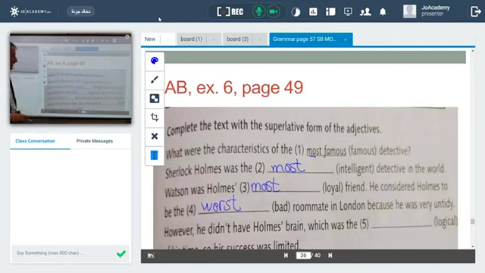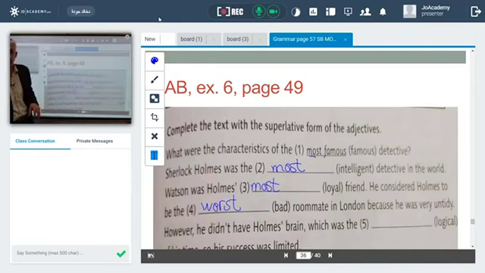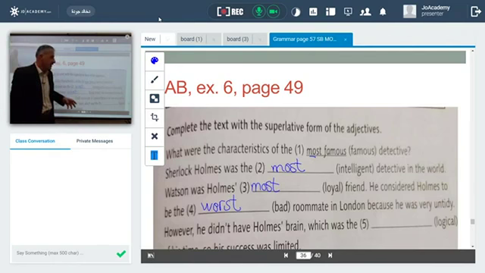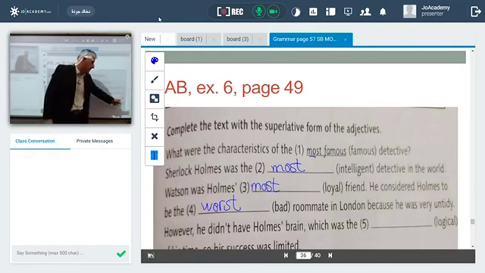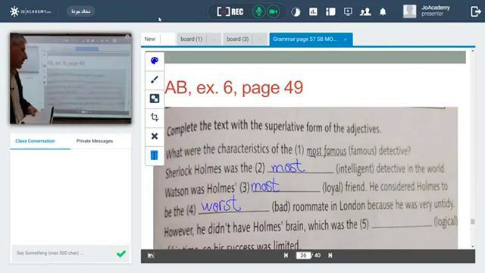So he considered Holmes to be the worst roommate. Roommate, what does it mean? Roommate is the companion who lives with you in the room. Untidy means not tidy, messy. So he was the worst roommate.